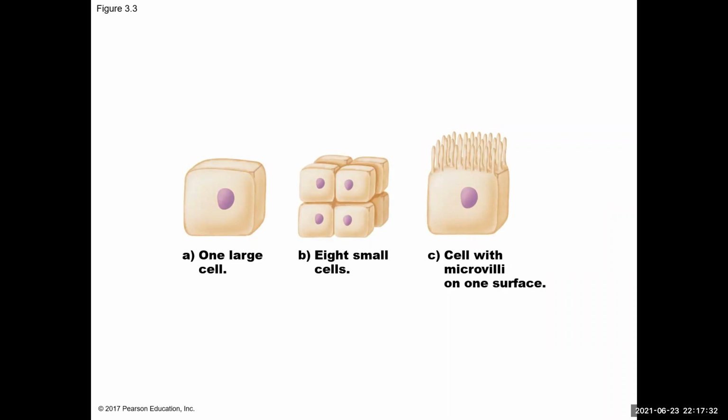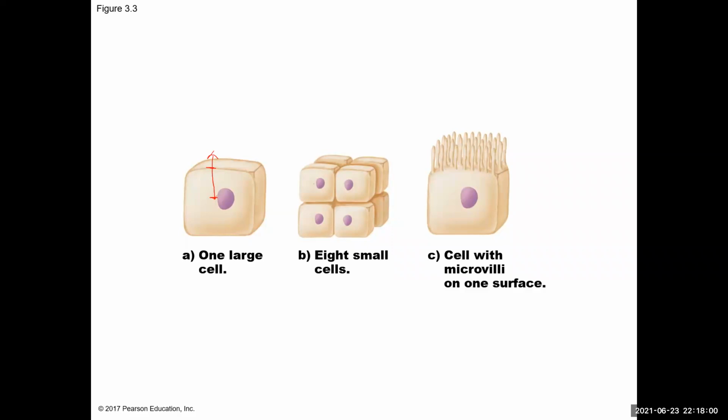So here we have an example where we have one large cell versus 8 small cells that's covering the same amount of volume. Okay. Now notice if this cell has an ion in the center here, if it wants to travel out of the cell, it has to move this distance, right?